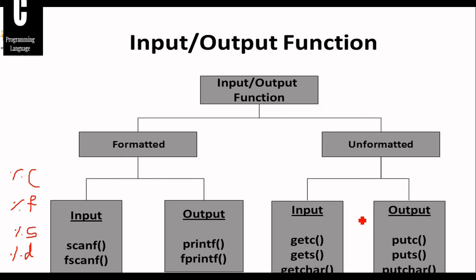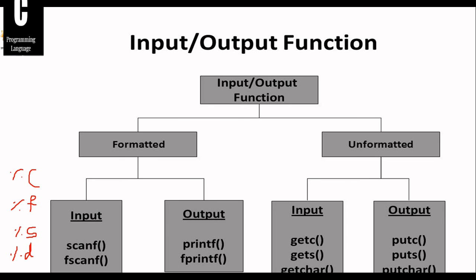The output function is putc. Getc accepts a single character, and putc displays a single character. Then the gets function accepts a single or multiple characters of a string, including spaces, from the standard input device.